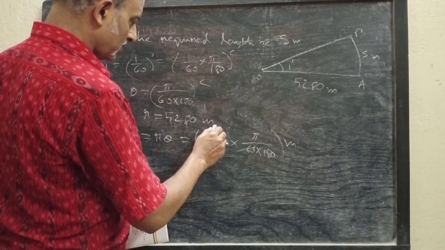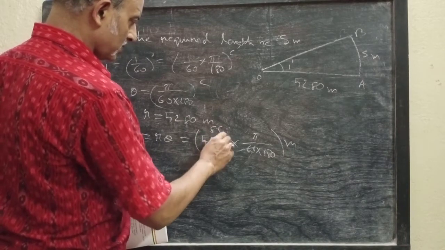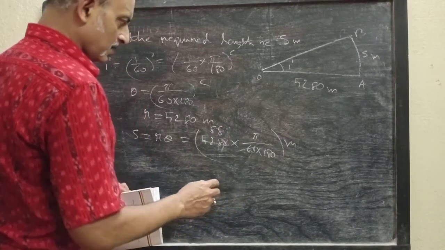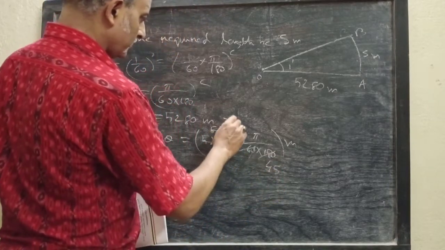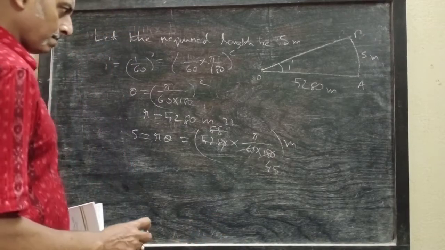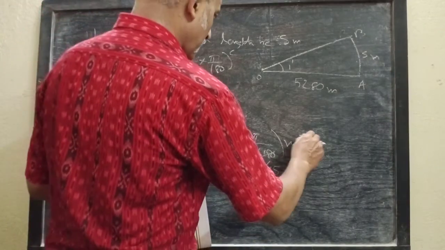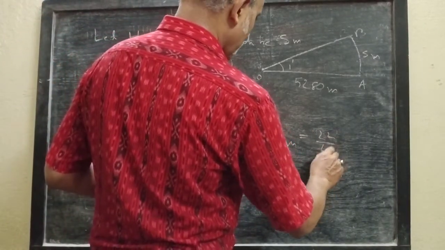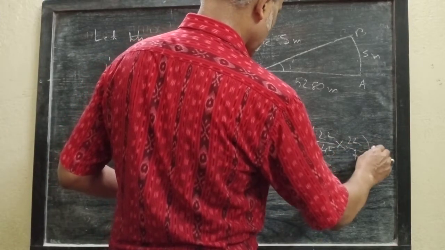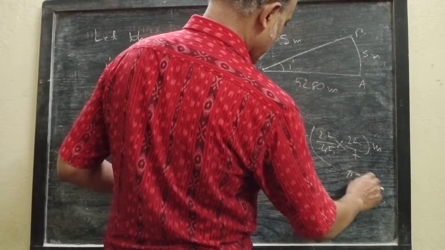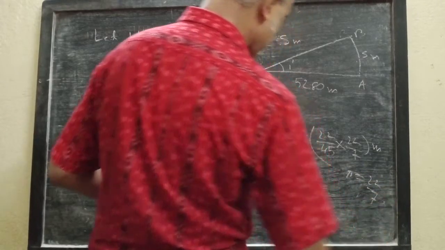Actually 88. Cancel with 4, 4 fives are 20, 4 twos are 8. So we get 22 by 45 into 22 by 7 meter. Right? Taking pi equals 22 by 7.